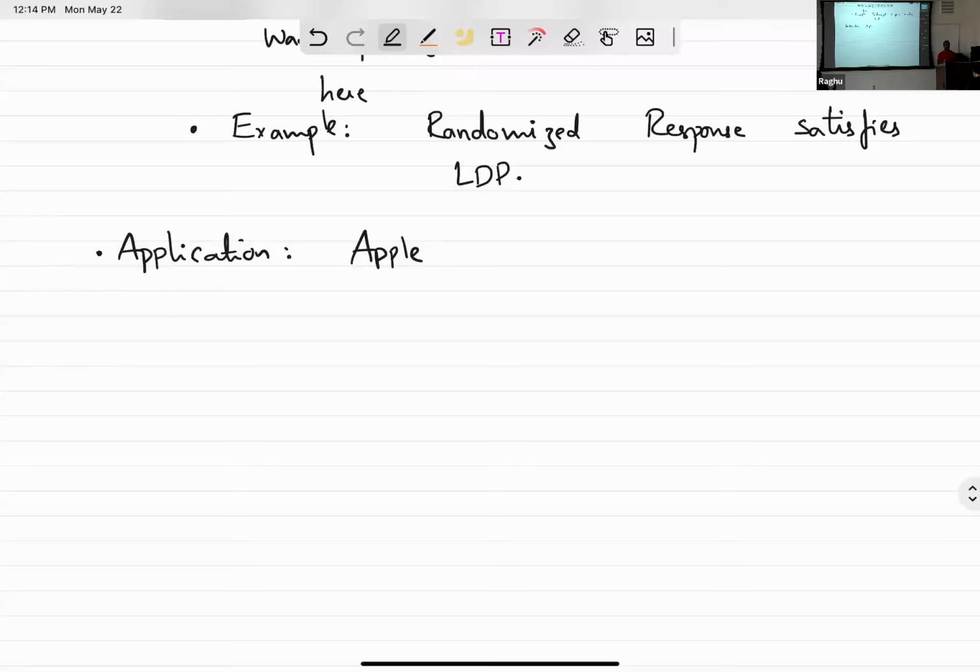So every time you type, it gets logged, but it gets logged with a randomized response kind of update. Not exactly what we studied because it's not just a binary thing, but there's a variant of randomized response for multiple output values.